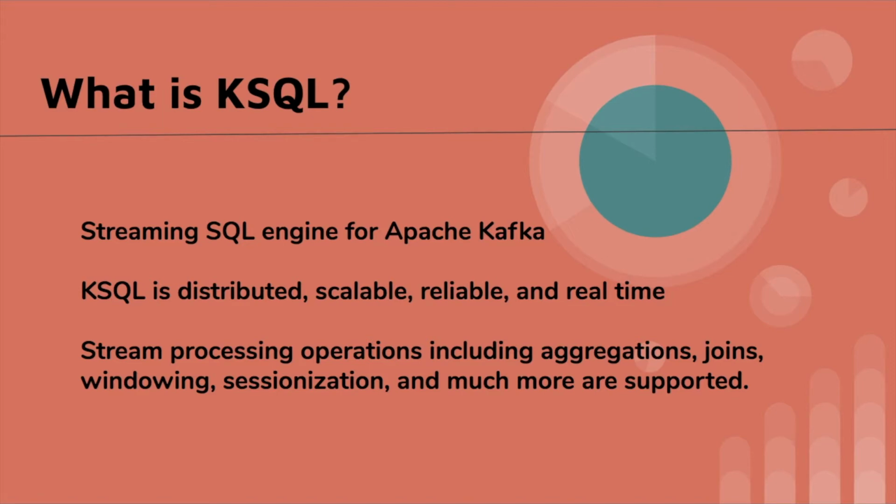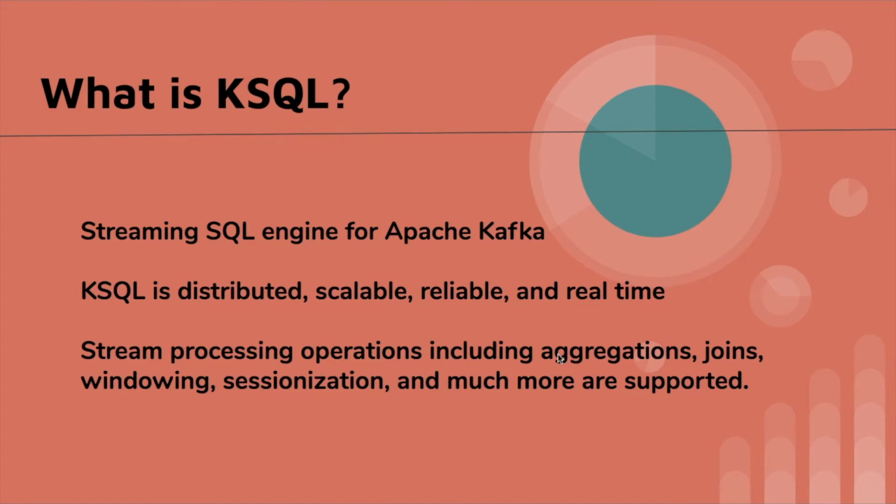Kafka Streams API is very mature in terms of stream processing, but to write a Kafka Streams program, you need programming skills or at least some exposure to a programming language like Java or Python. But with KSQL, you can use your existing SQL skills with some modifications to build a streaming pipeline.